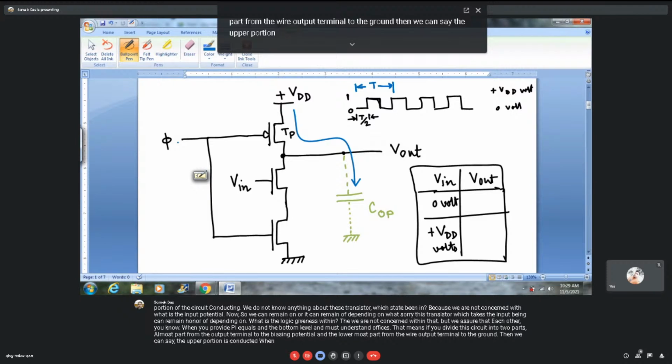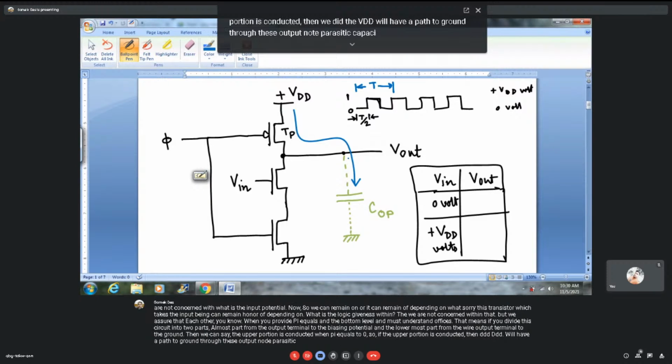So if the upper portion is conductive, then VDD will have a path to ground through the output node parasitic capacitor, because there is an output node parasitic capacitor at the output terminal of the circuit.